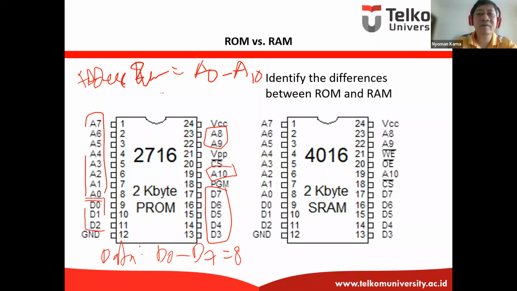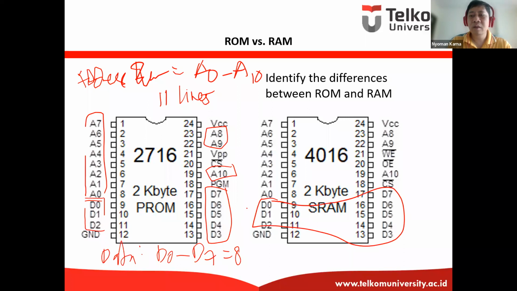Okay, so we have 11 lines of address bus. Now, the same thing with the RAM 4016. It has also D0 to D7, and also A0 to A10. Same thing.